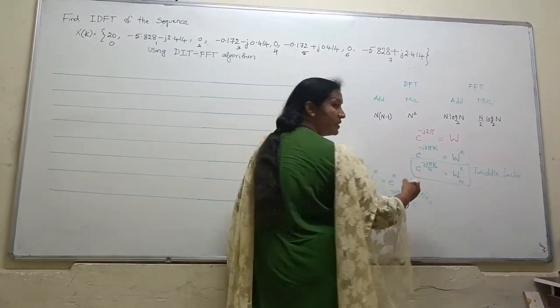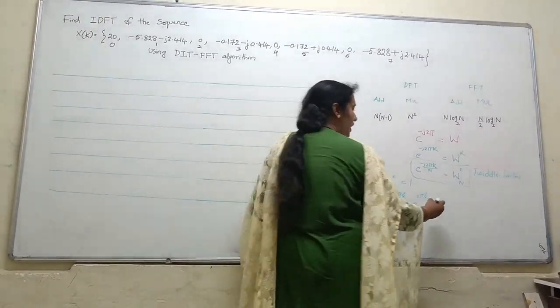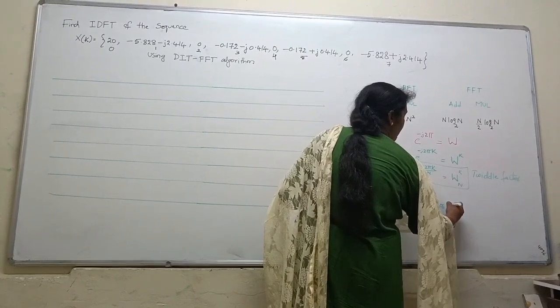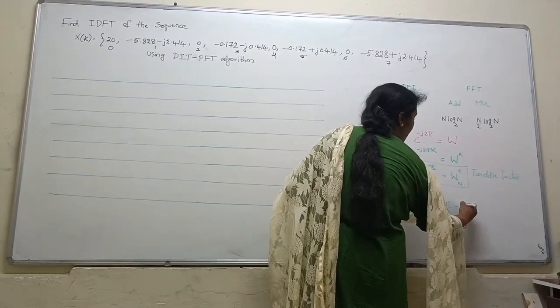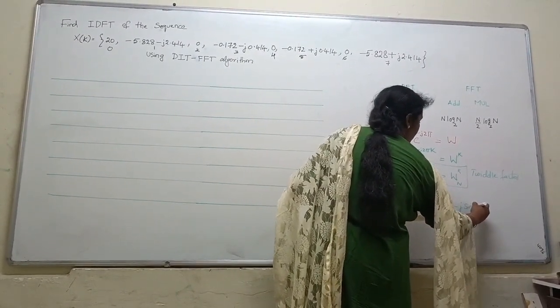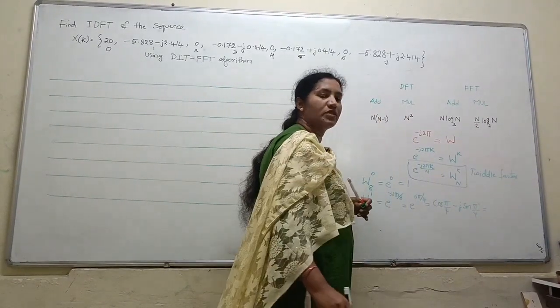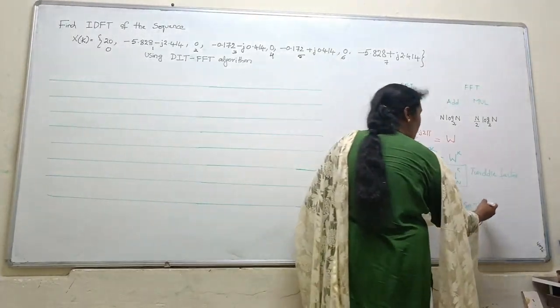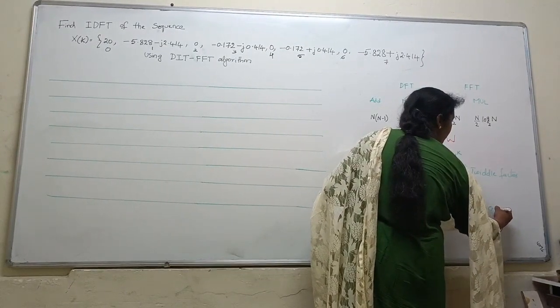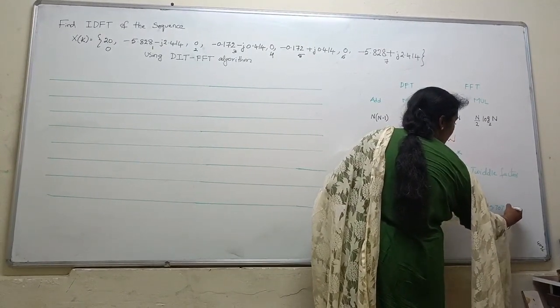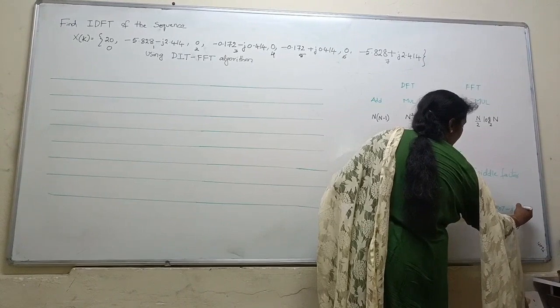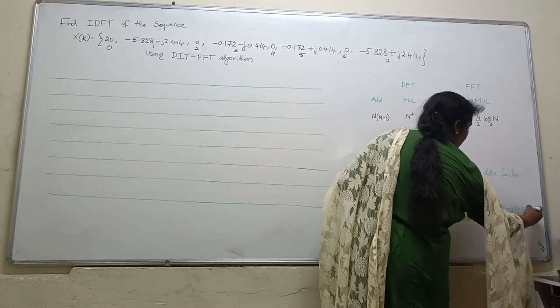That means you can write this exponential e power minus j theta as cos pi by 4 minus j sin pi by 4. That is equal to 1 by root 2 minus j 1 by root 2, which can be represented as 0.707 minus j 0.707.